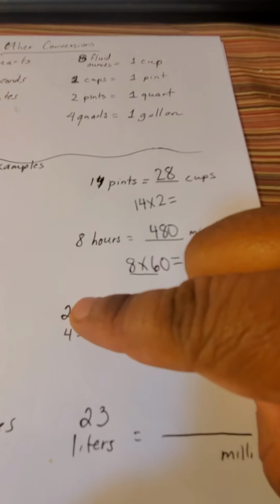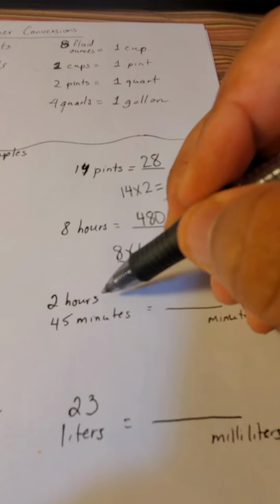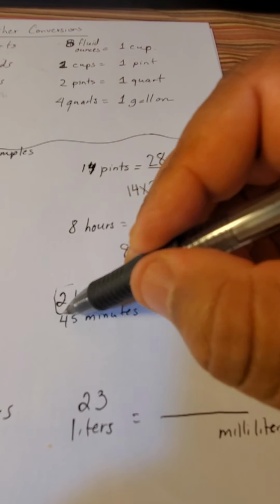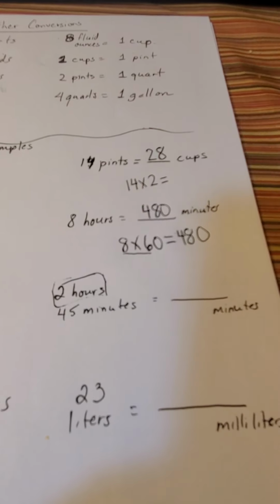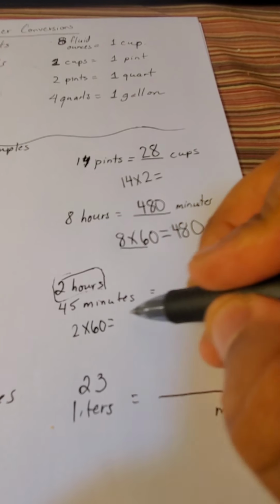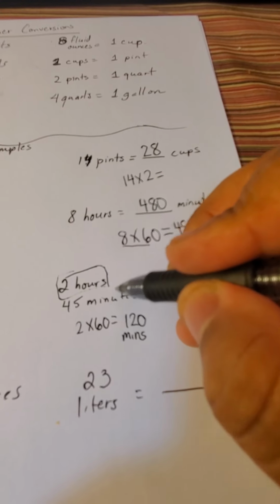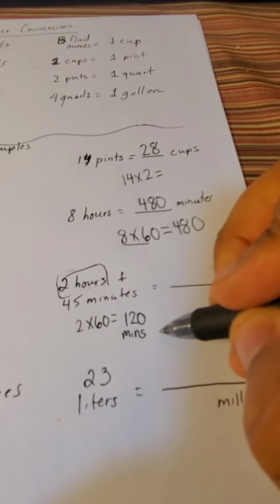And what if you have hours and minutes combined? How many minutes? Well, you have to change these 2 hours into minutes. Well, 2 times 60 is 120 minutes, plus the 45 minutes.